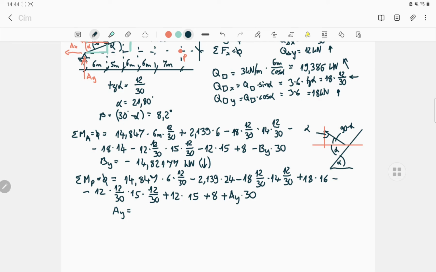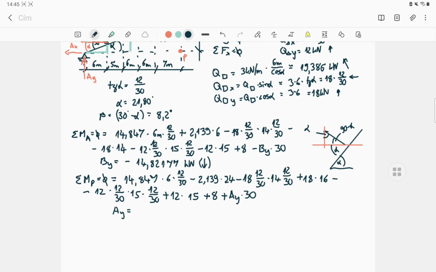Let's see, 14.847 times 6 times 12 over 30 minus 2.139 times 24 minus 18 times 12 times 14 times 12 over 30 plus 18 times 16 minus 12 times 12 times 15 times 12 over 30 plus 12 times 15 plus 8.